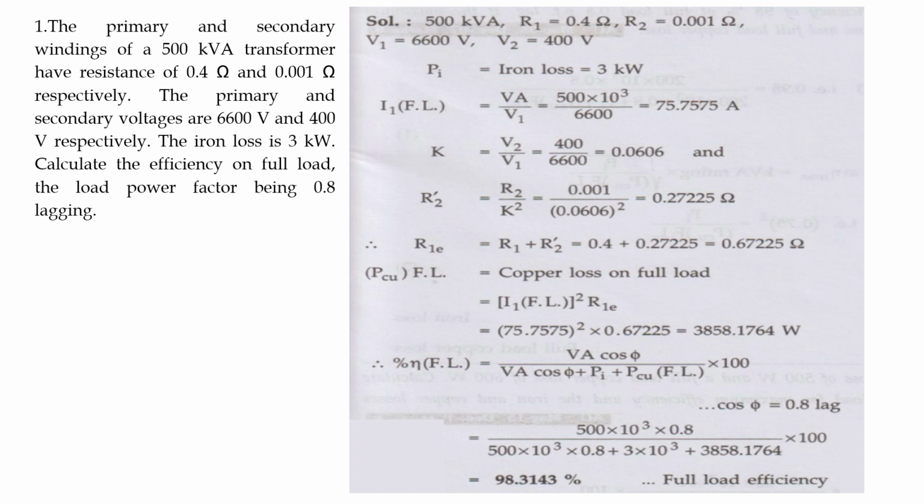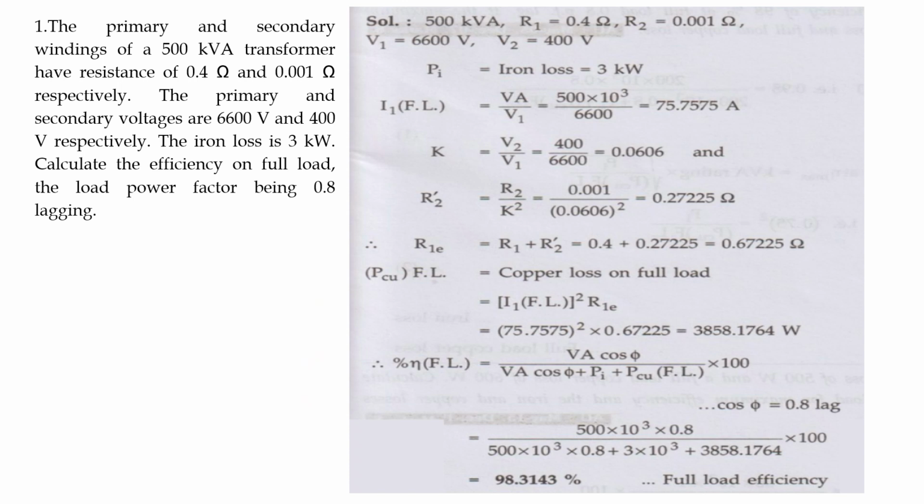As we know, R2 dash is the secondary winding resistance referred to the primary, so the secondary winding resistance R2 comes here as R2 dash. That's nothing but 0.2725 ohm.